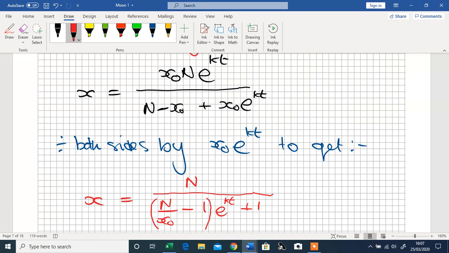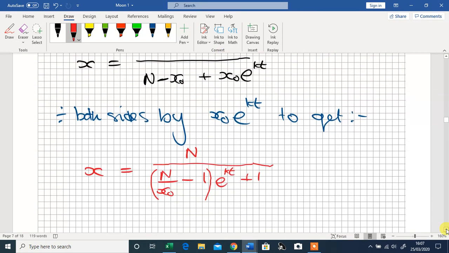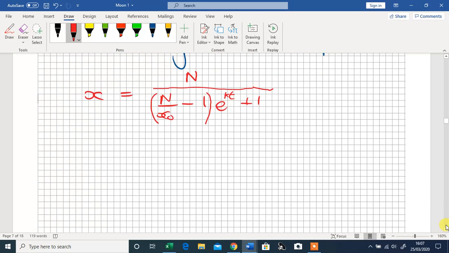That's what you should get if you divide the numerator and the denominator by x naught e to the kt. And that is the final form of our equation.